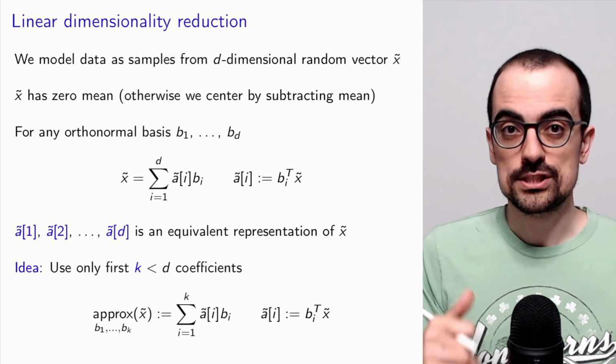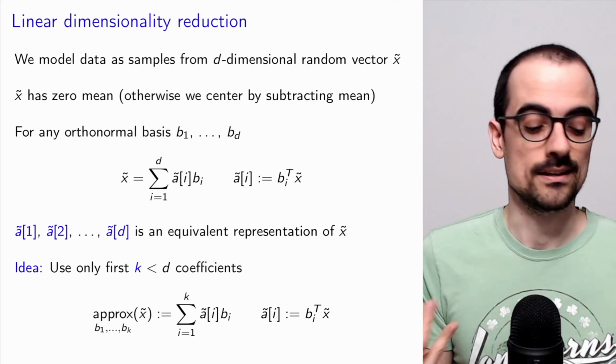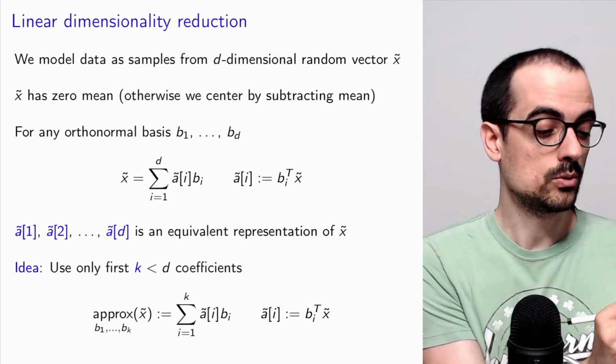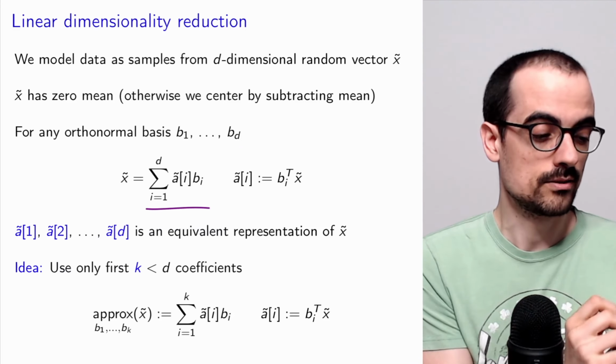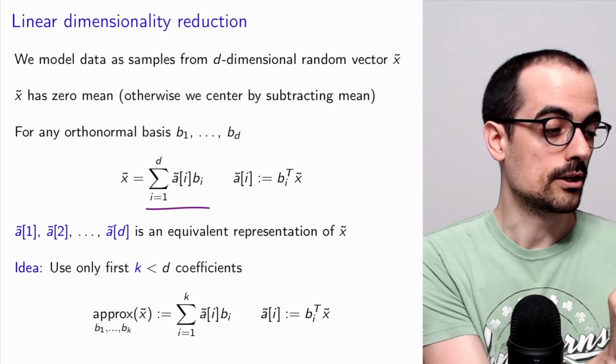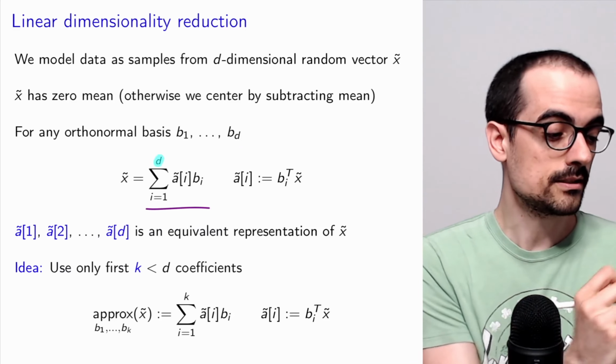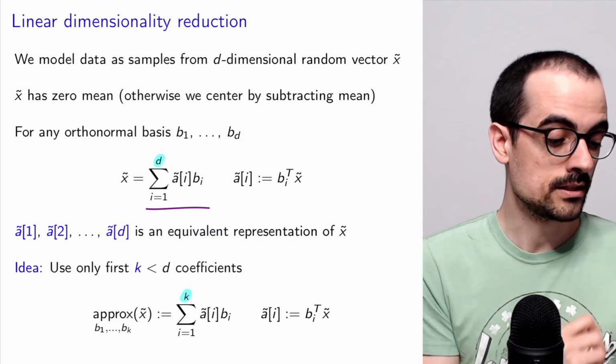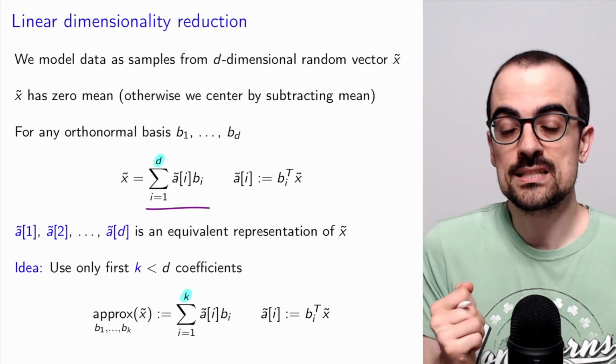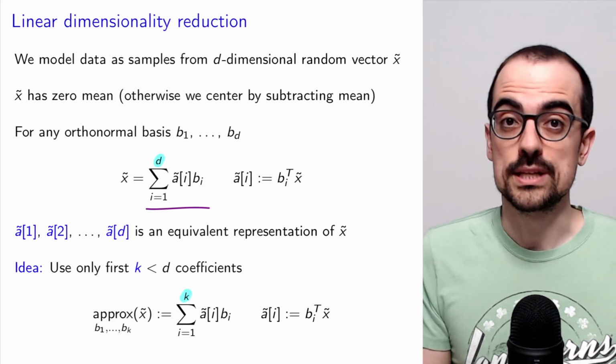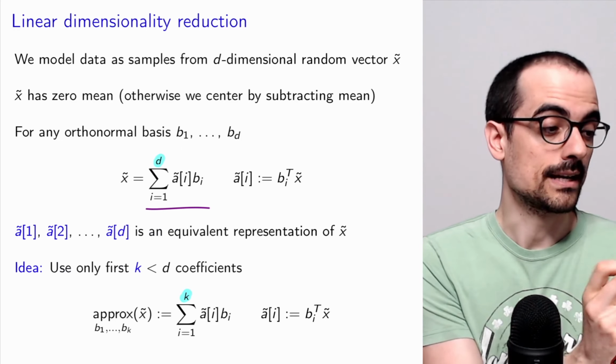If we consider how well we're approximating the random vector, then it's reasonable to take a look at the truncated representation, where now we're not summing d vectors, we're summing only k vectors. This approximation will tell us what information we're losing about the random vector.